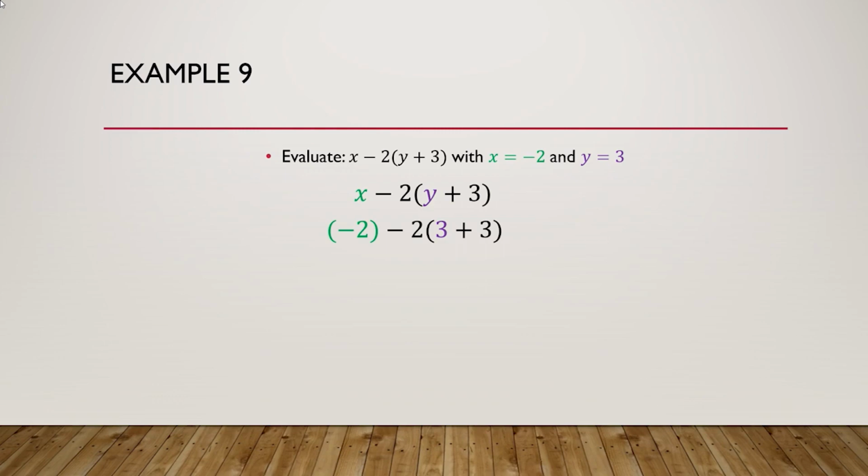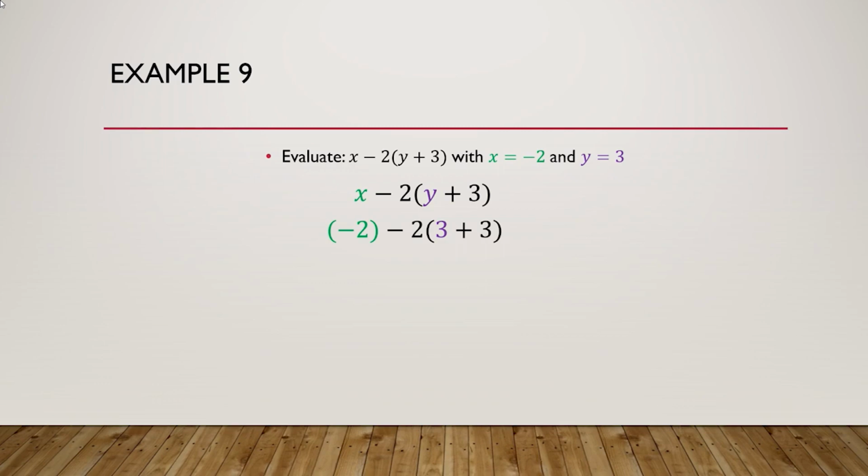And what I mean by that is if the number is right next to the variable, and that means multiplication, then when you substitute, that same operation has to be there. It's important to be consistent. So x you're replacing with -2.